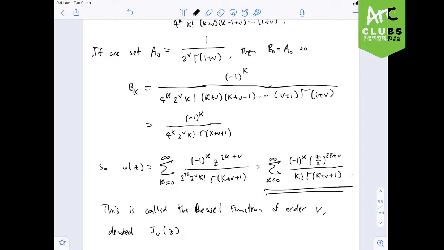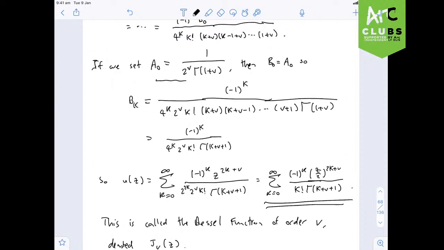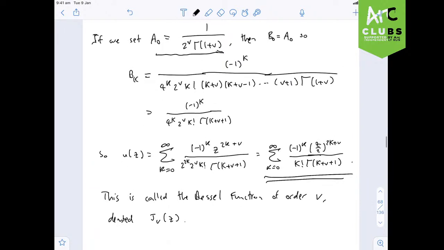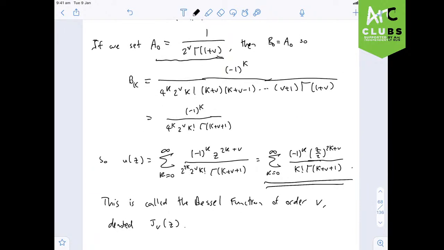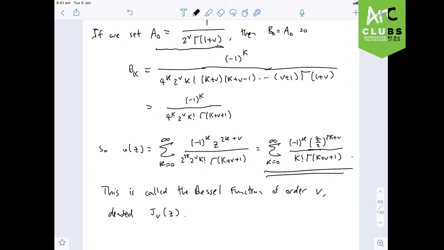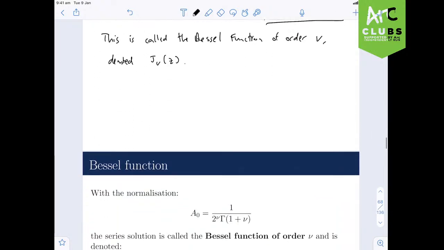So u(z) is the infinite sum from k equals 0 to infinity of (minus 1) to the k over k factorial times gamma of k plus nu plus 1, times (z/2) to the 2k plus nu. That's after normalizing the first term. This is actually called the Bessel function of order nu, denoted J_nu(z), and it's a solution to our ODE.